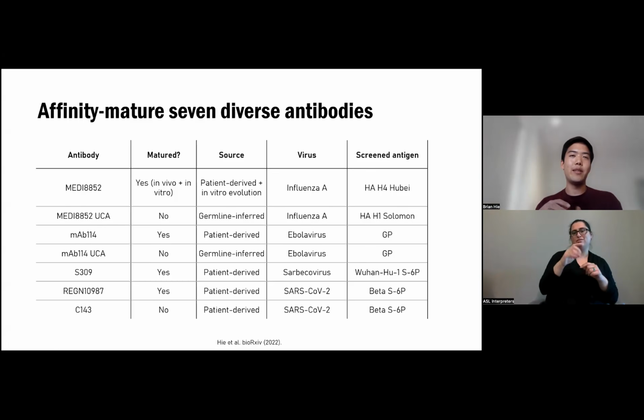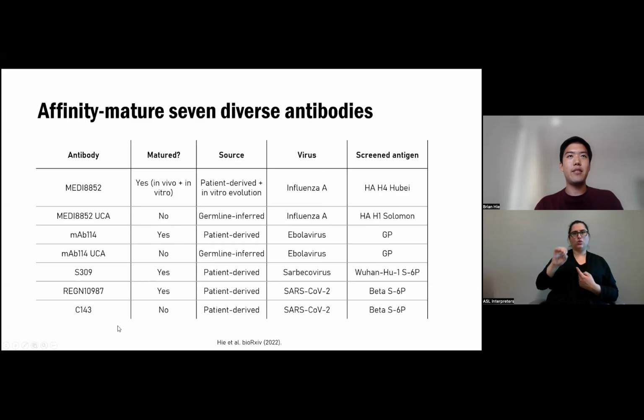So we were particularly interested in seeing if we could get breadth to group 2 influenzas. MAB114 and its UCA, similar to MEDI, MAB114 is an FDA approved therapeutic for Ebola. And then we have some SARS-CoV-2 antibodies too, which had emergency use authorization for some of the earlier variants of SARS-CoV-2.